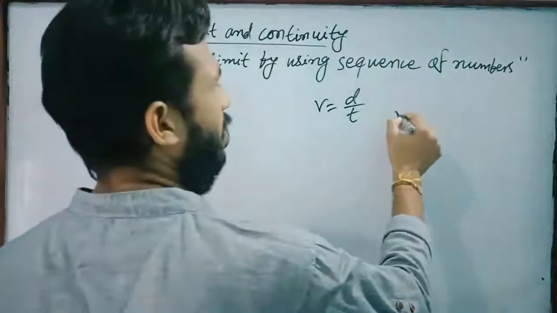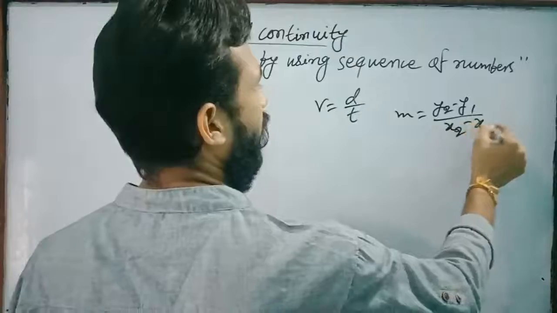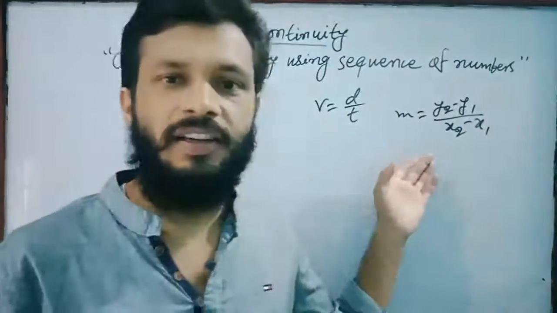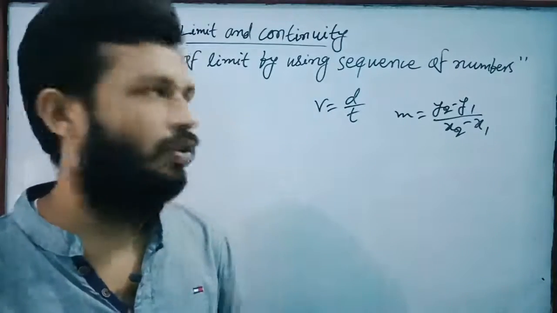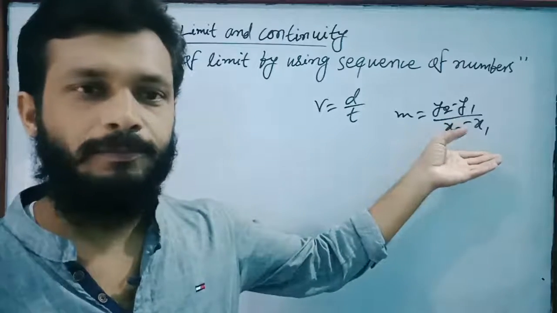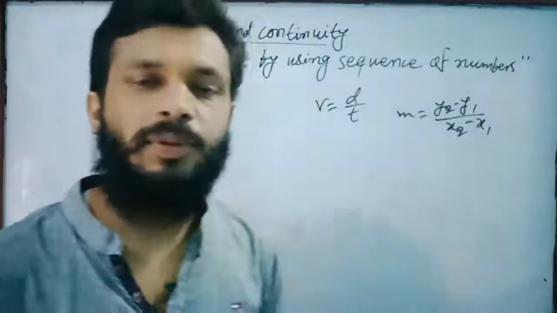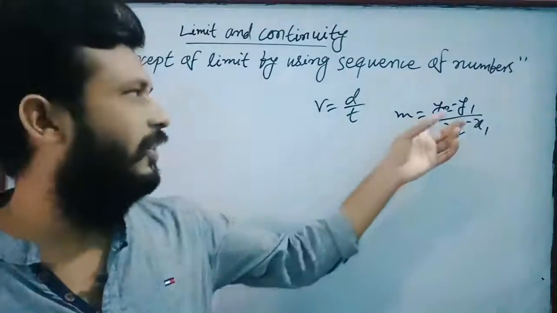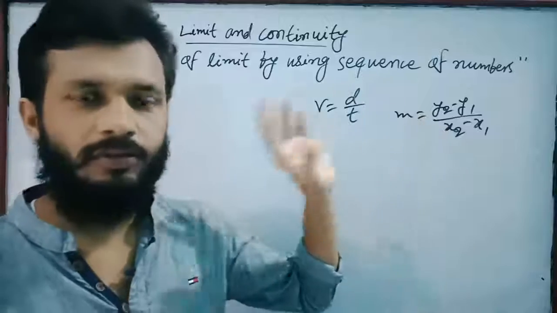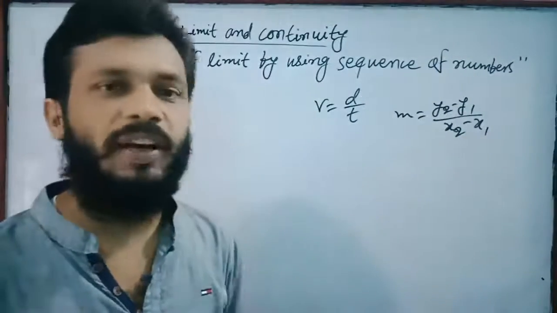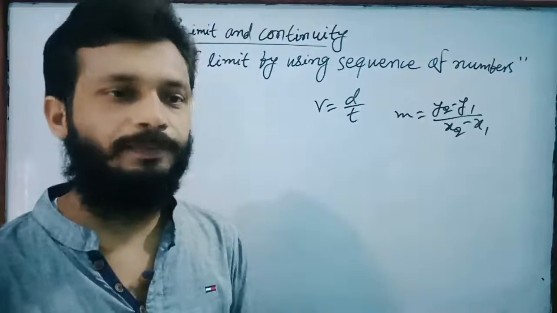In coordinate geometry, the slope of a straight line is m equal to y2 minus y1 upon x2 minus x1, where m is represented by the slope, y2 and y1 are the y-coordinates of any 2 points, and x2 and x1 are the x-coordinates of any 2 points.